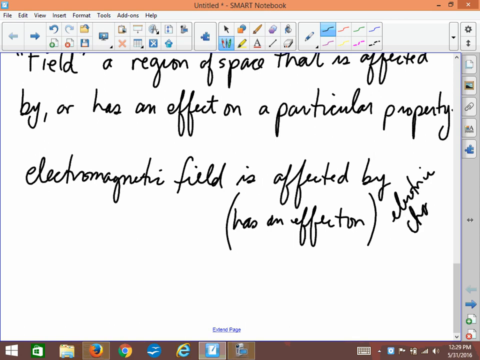Anything that has electric charge will cause the electric field or the electromagnetic field to change and wiggle and wobble in a very wave-like way. Think about a cork sitting on an ocean or on a pond. It's very still, there's no waves, it's just sitting there. If you go and poke the cork and make it bob up and down, it will suddenly have an effect on the water.